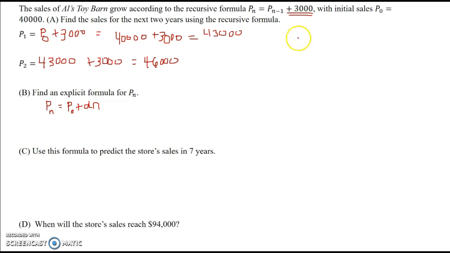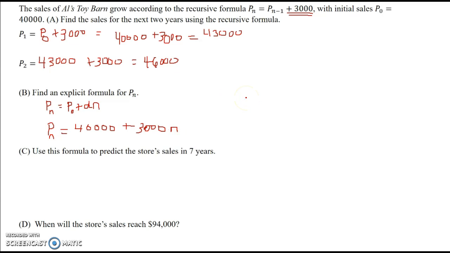The common difference is basically just the constant that is added each time period, and ours is 3,000. So P sub n here is going to be 40,000 plus 3,000 times n. So that's the explicit formula.